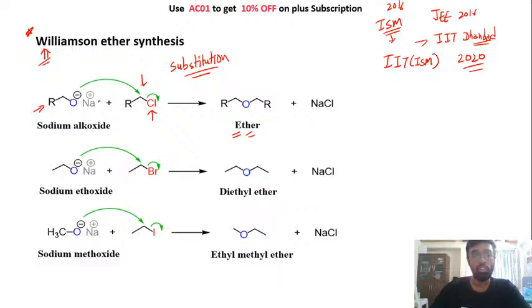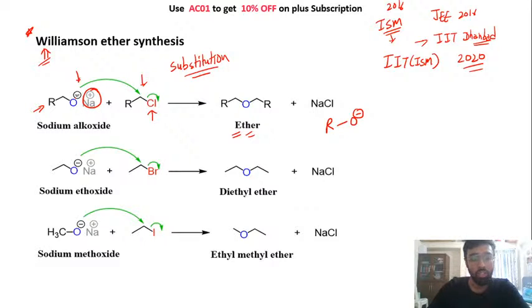Okay, let's try to understand here. Let me explain the complete reaction mechanism. We are starting with a negative charge on this oxygen, right? This is a salt, so we can neglect this sodium.